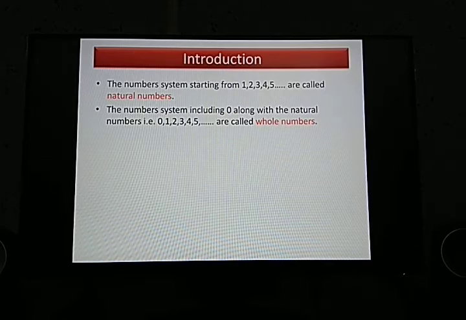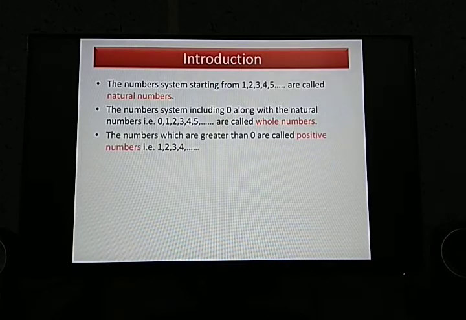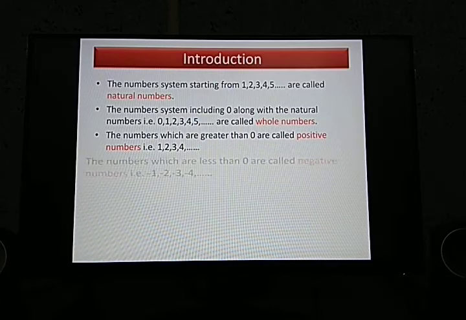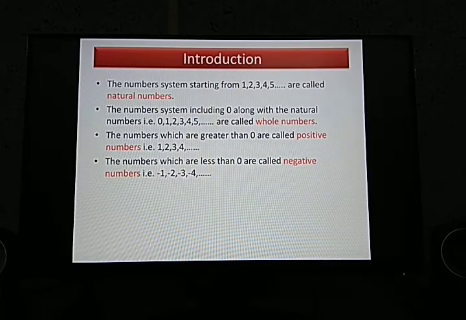Now there are something called positive numbers as well as negative numbers. So first of all, let us see what are positive numbers. Those numbers which are greater than 0 are called positive numbers. Pretty obvious. Now next comes the negative numbers. Those numbers which are less than 0 are called negative numbers.